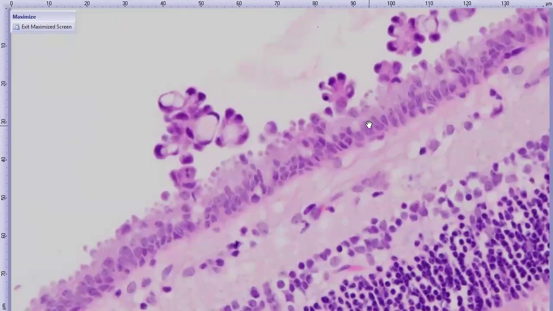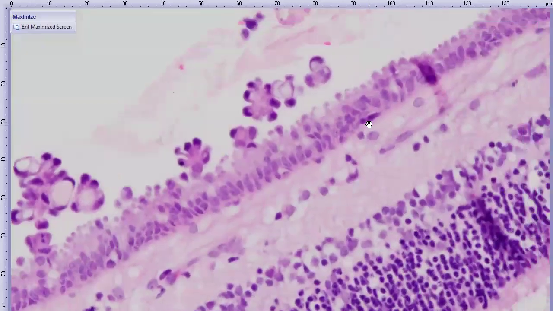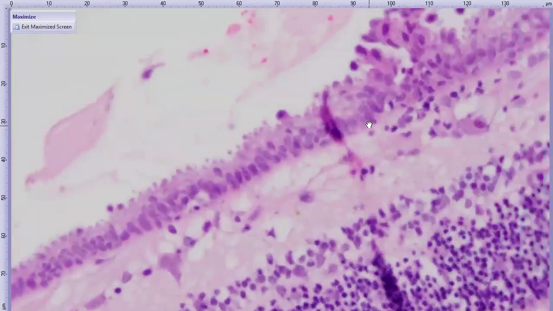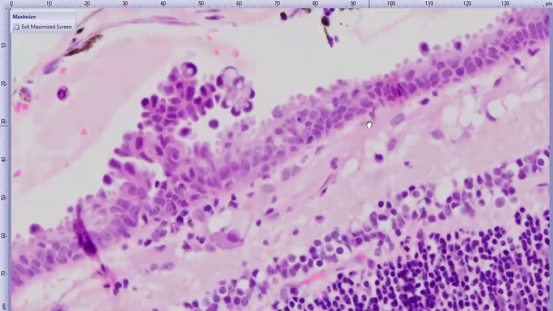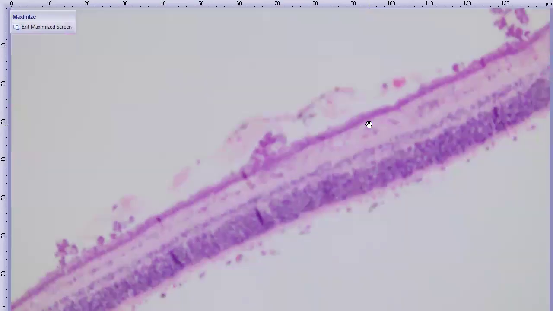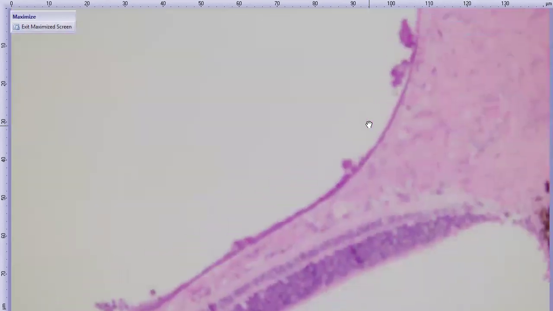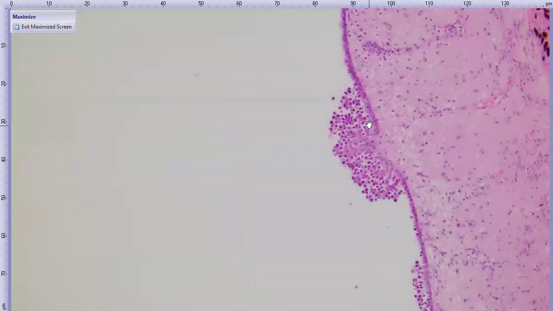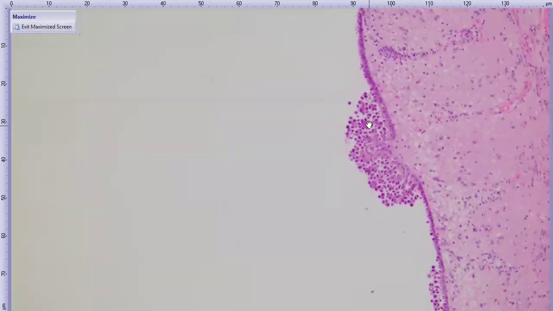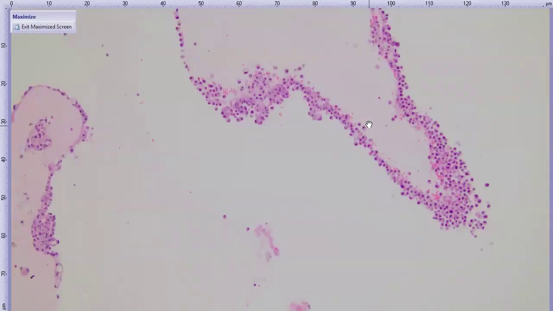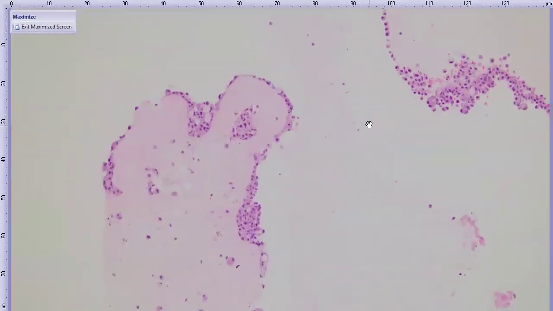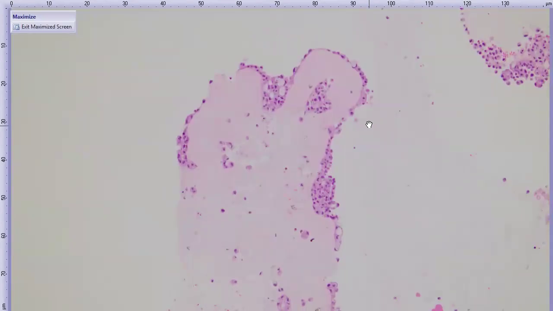We've got some cells in here that have some paler staining material in their cytoplasm, so there are probably some goblet cells in here as well. It was kind of fun to follow this around and see the branching and tree-like patterns it makes on the retina here. And then again, it is also lining portions of our vitreous here.